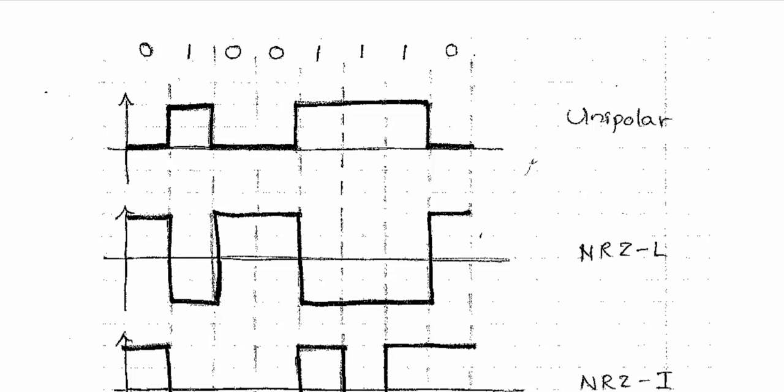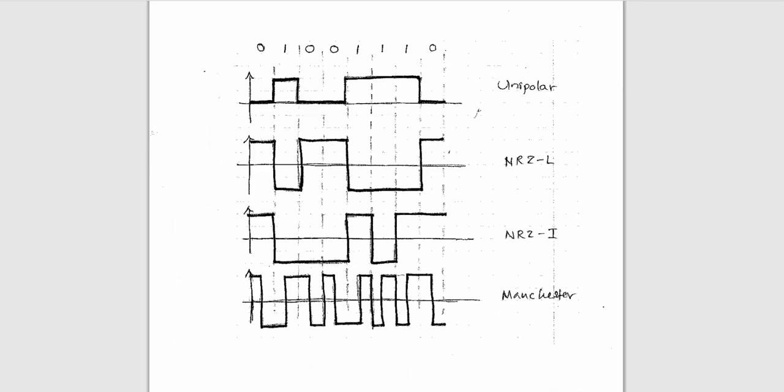And if we consider NRZL, unlike unipolar, for the 0 level, it starts from a higher voltage. Therefore, 0 starts from higher voltage, and then for 1 it goes to the lower voltage, and again for 2 zeros it goes to the higher voltage, and for 3 ones it goes to the lower voltage, and then for 0 it again goes to higher voltage.